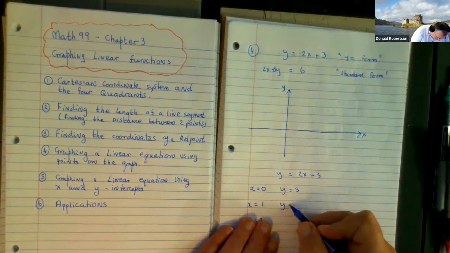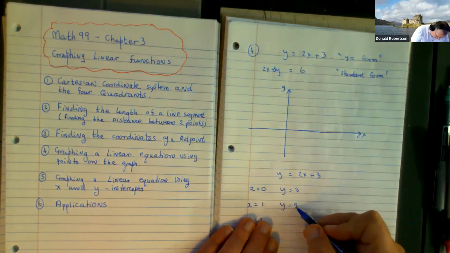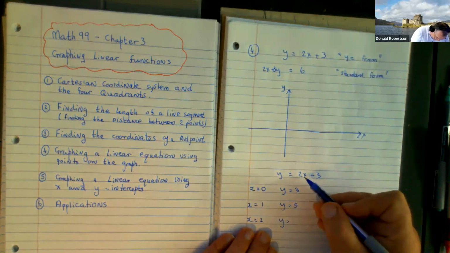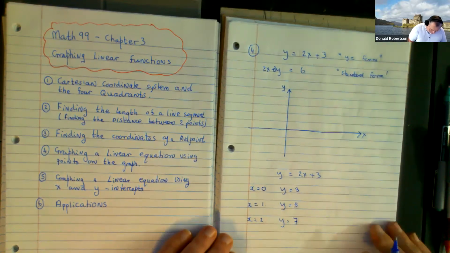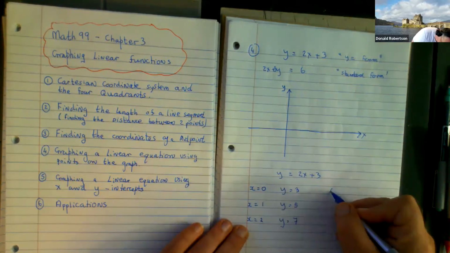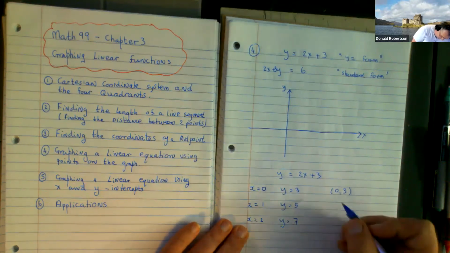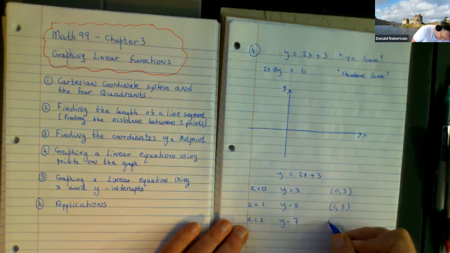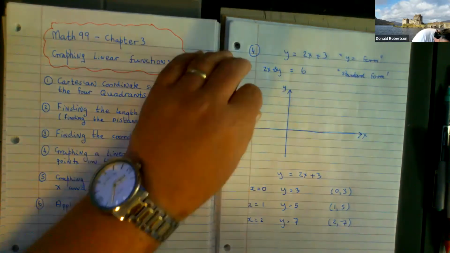When x is 1, it's 2 lots of 1 add 3. And when x is 2, it's 2 lots of 2 add 3. So the coordinates are 0, 3, then 1, 5, and the third one is 2, 7.